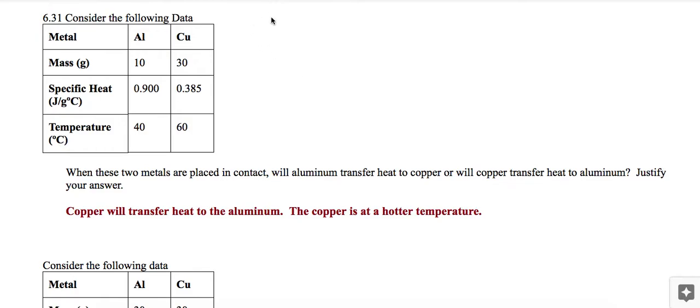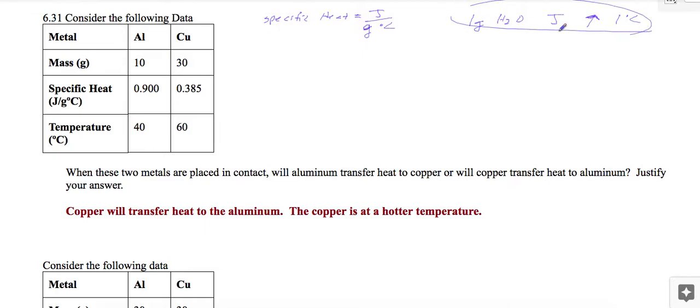And specific heat is equal to the amount of energy required to raise the temperature of 1 gram of a substance 1 degree Celsius. So if we had, for example, 1 gram of water, it is the amount of energy to raise the temperature of that 1 gram of water 1 degree Celsius.